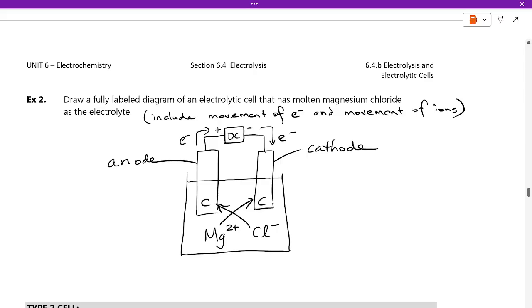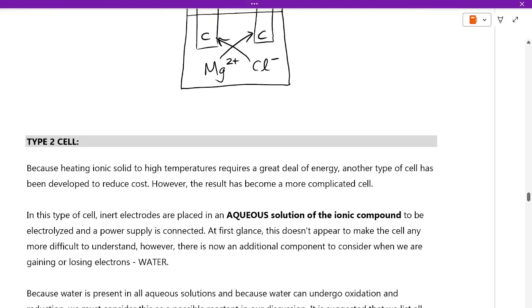So that's what it should look like, basically. Is that good? Okay, cool.